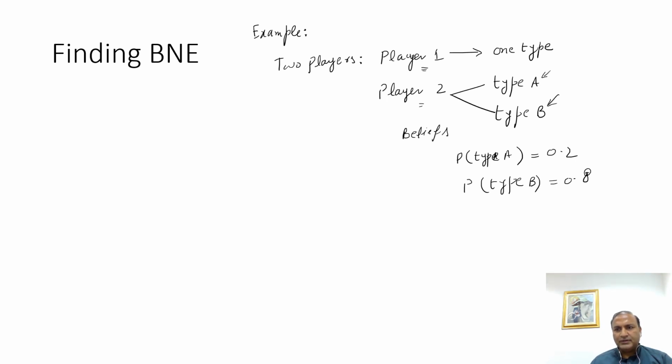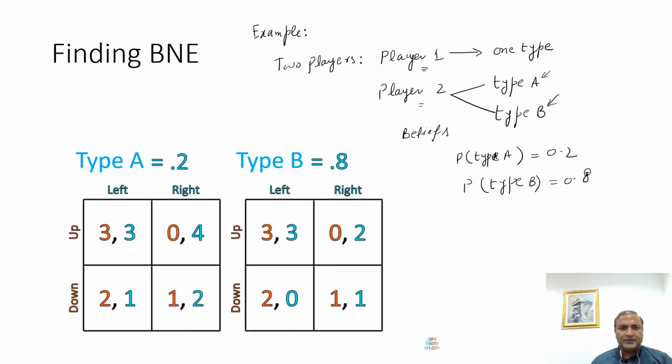So now let us look at the payoff matrices. You see here that player 2 has two types, type A and type B, and the probability of type A is 0.2 and the probability of type B is 0.8. Here we have player 1 and here we have player 2.